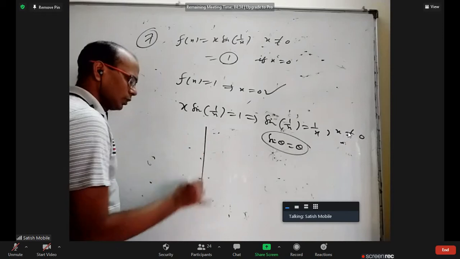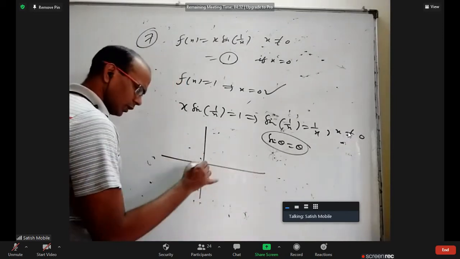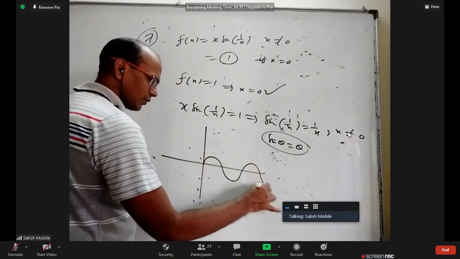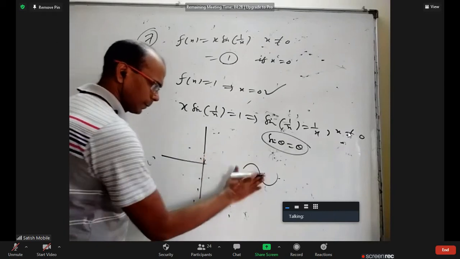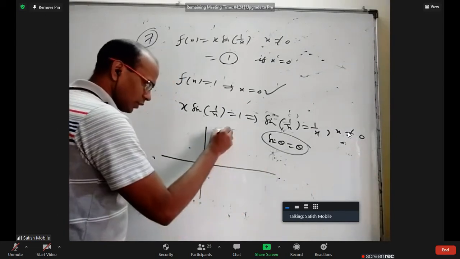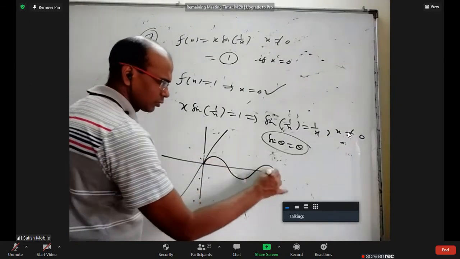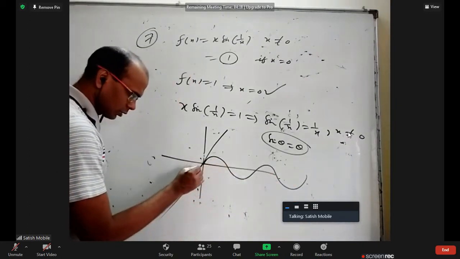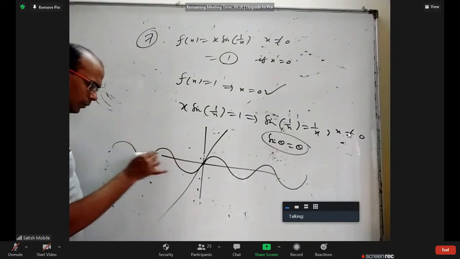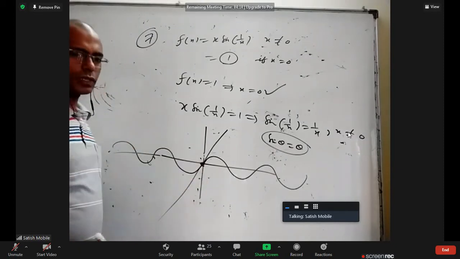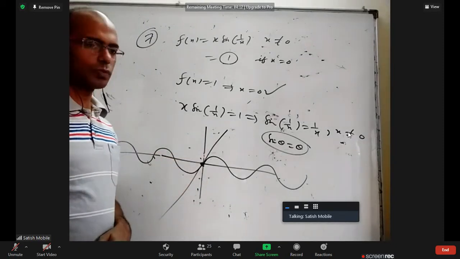Why? Let us look at the figure. The y equal to sine x graph is like this. Actually, the y equal to x line is like this, and y equal to sine x touches that line and goes like this. Here also like this. Actually, y equal to x is a tangent to y equal to sine x.